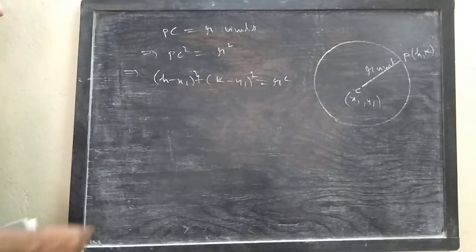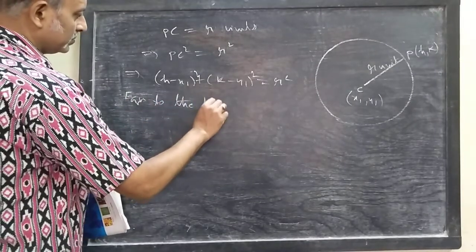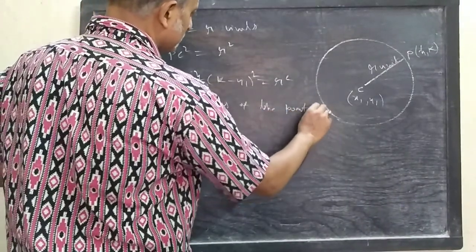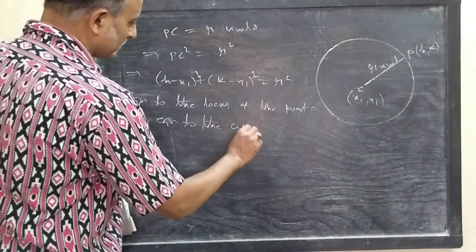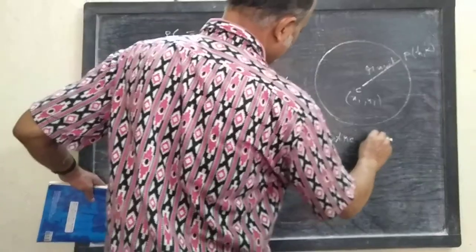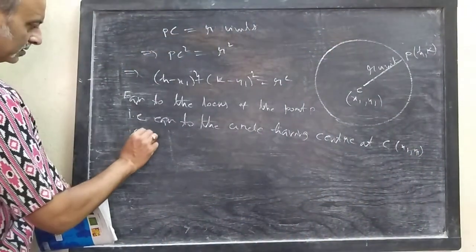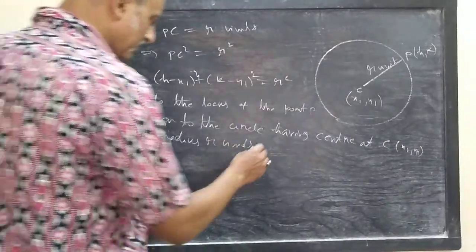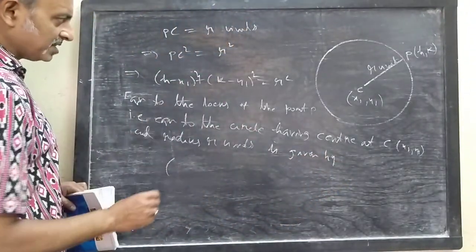So now we can write equation to the locus of the point P, that is equation to the circle having center at C(x1, y1) and radius r unit is given by, replace h by x and k by y.